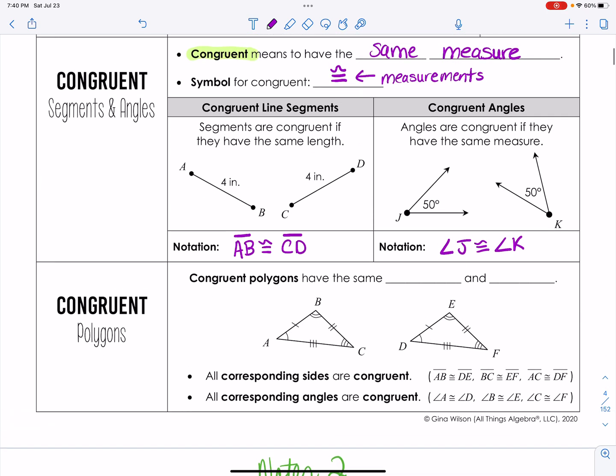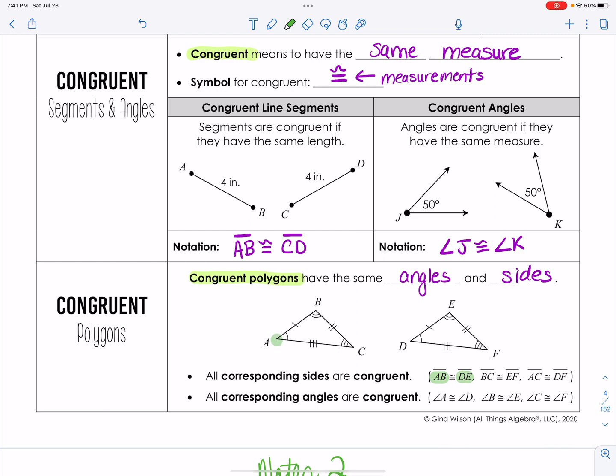All right, congruent polygons. Congruent polygons have the same angles and sides. I want to really talk about this so that you can see it. I'm going to use some colors here. It says down here that AB is equal to DE.